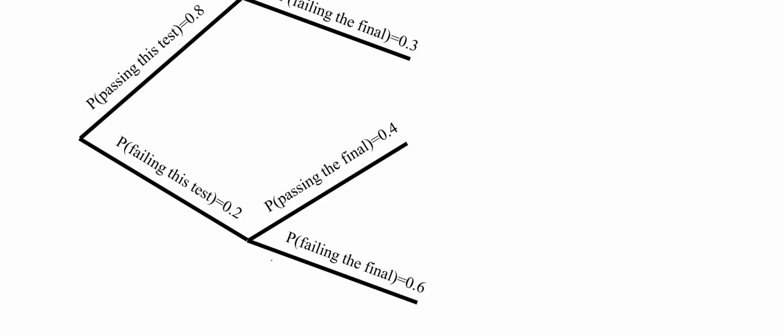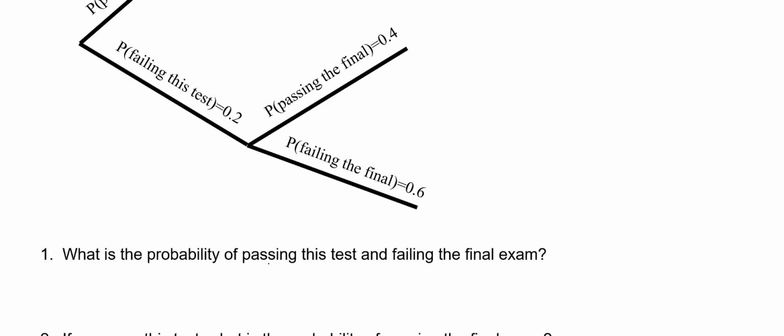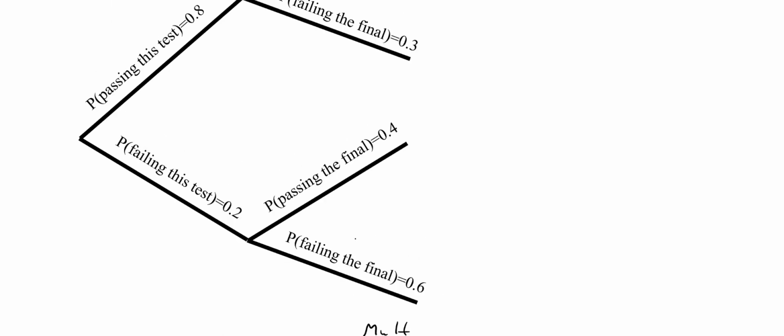So anyway, let's answer some of these questions, and we'll work our way back as we answer the questions because, again, there's not a lot of room here. It says, what is the probability of passing this test and failing the final? So the key word here, math fans, is and. And means multiplication. So what's the probability of passing the test?